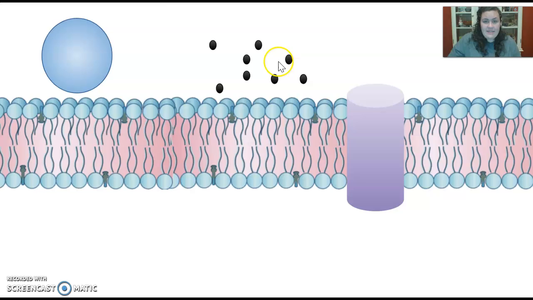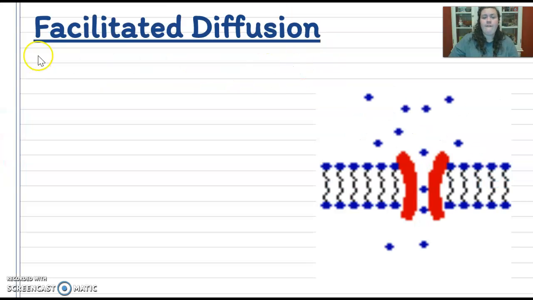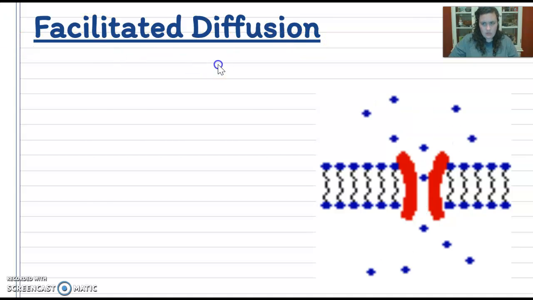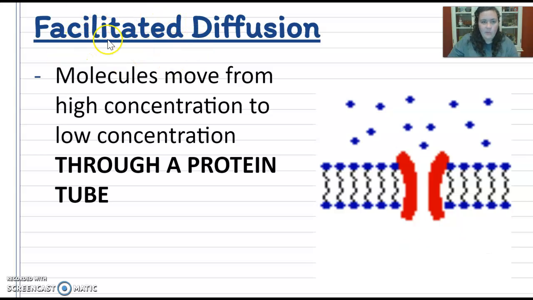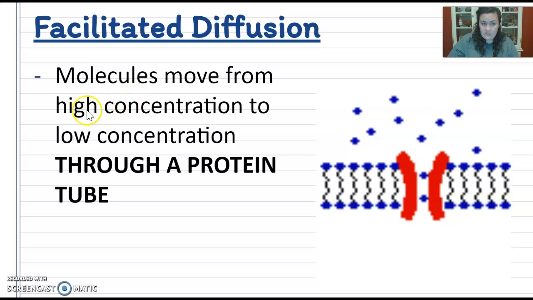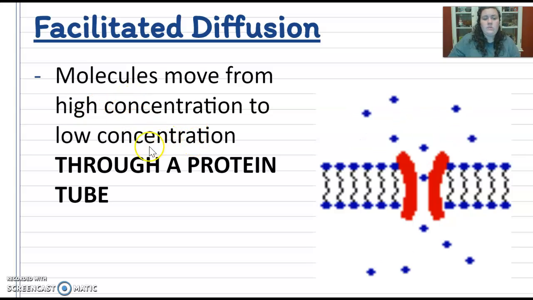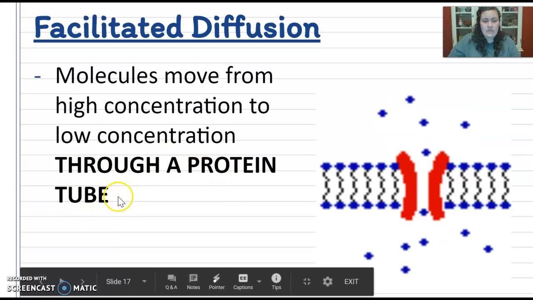But basically you have simple diffusion, which is these guys, and then you have facilitated diffusion, which is just diffusion with help. That's what facilitated means. It means to help. So we are moving from high concentration to low concentration. We're just doing diffusion, but we're doing it through a protein tube.